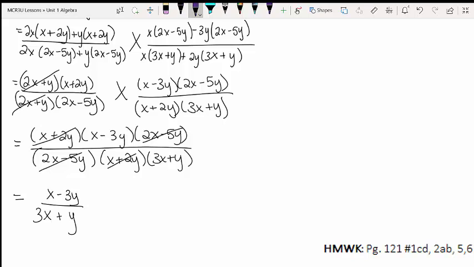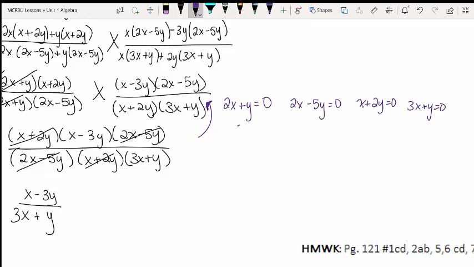Okay, now to figure out our restrictions, let's go to the factored version of this. That's going to be right here. And let's take each of our factors in our denominator, set them equal to 0 to figure out what our factors should be.